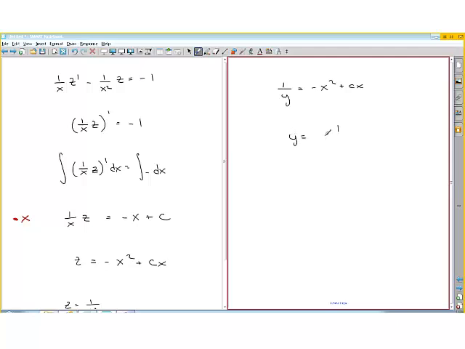So y is equal to 1 over negative x squared plus cx, or y is equal to 1 over cx minus x squared. So that should be the answer. Let's see what we get by looking at the answers. That was number 27. y is equal to 1 over cx minus x squared. Excellent.